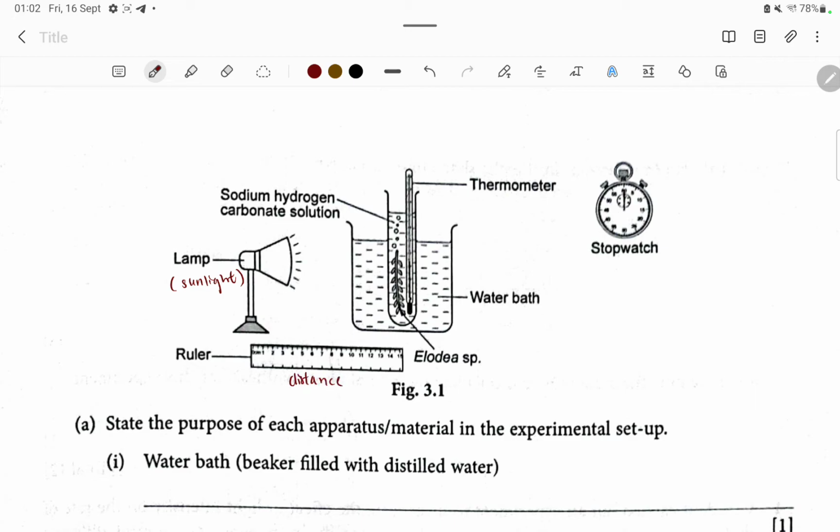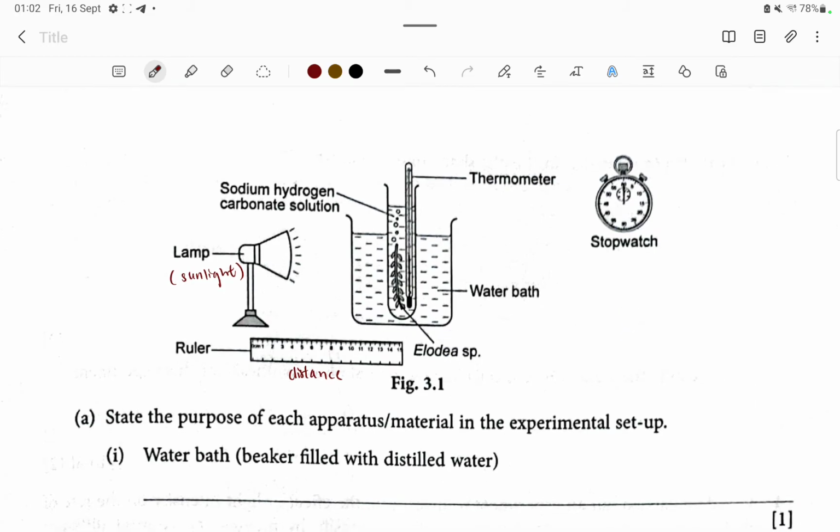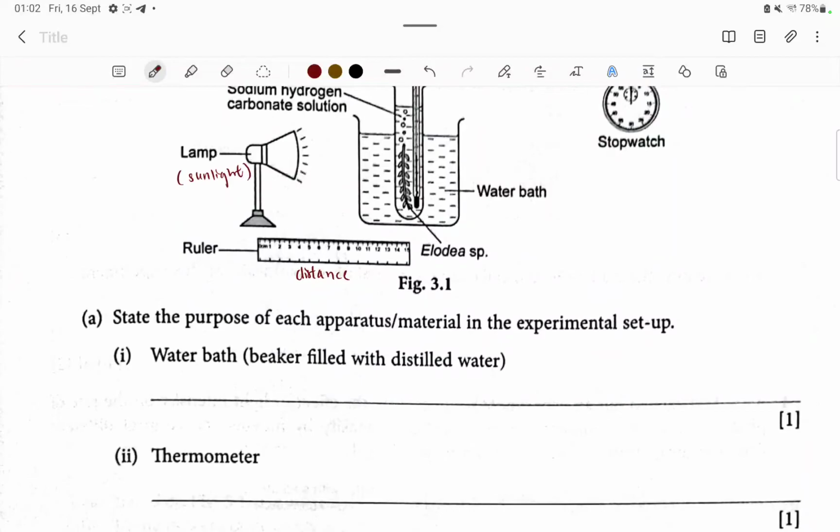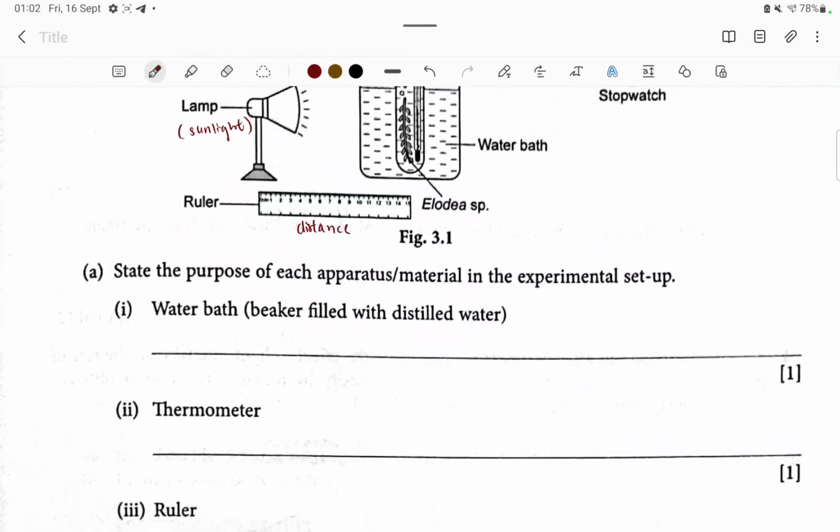This one is related to the exposure of sunlight. And then this one water bath so that the temperature remains same lah. And then stopwatch is for counting the time. So A, state the purpose of each apparatus or material in the experimental setup.